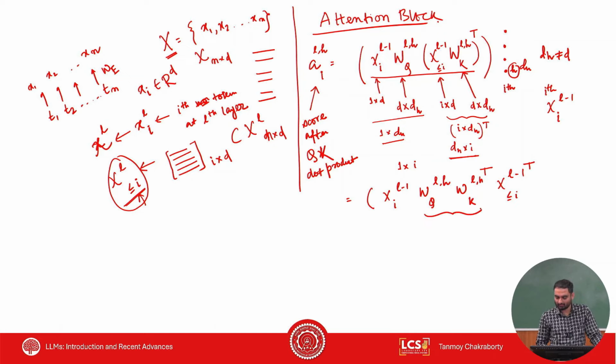You see that there are essentially two matrices which are getting multiplied, and we denote this by a single matrix, W_QK at the lth layer, h head, which is W_Q W_K transpose, and we call this the query key circuit.